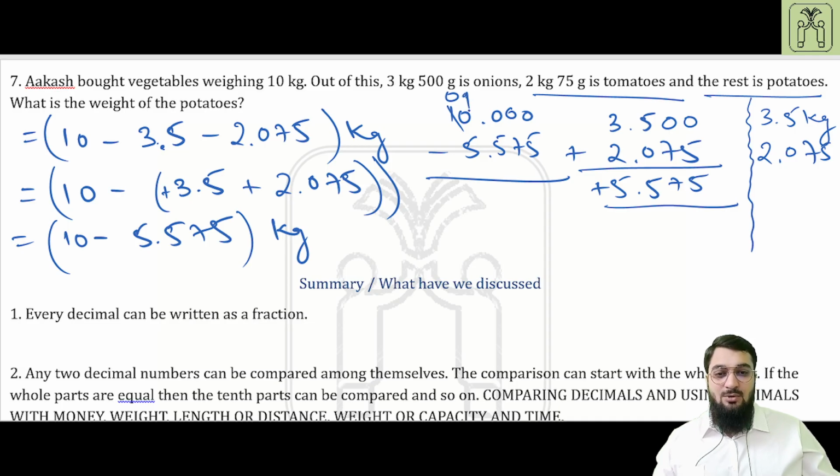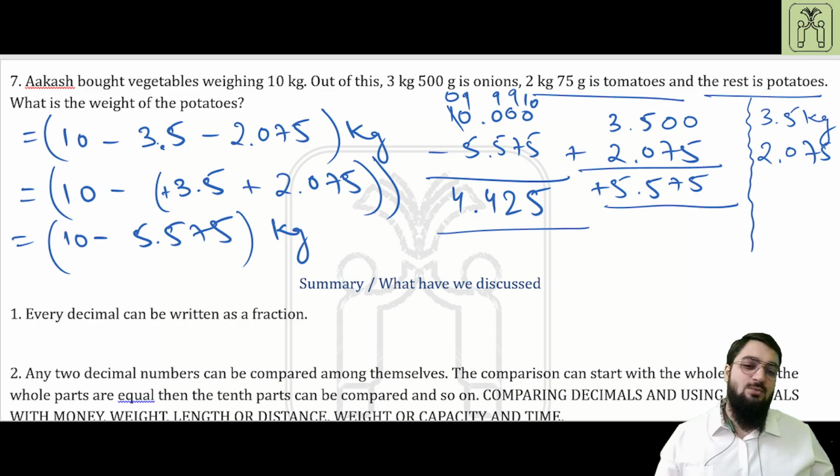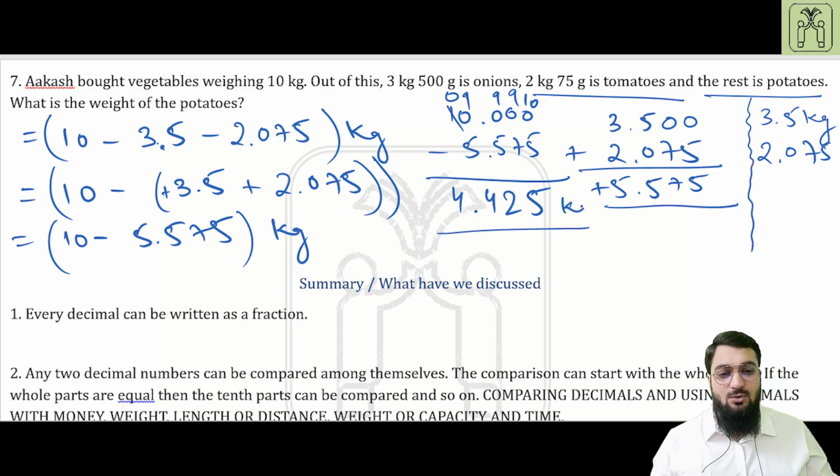After that, this will become a 9, this will become a 9, 9, and last one will become a 10. So 10 minus 5 will become a 5, 9 minus 7, 2, 9 minus 5, 4. Decimal point added, 9 minus 5 will be 4. So therefore, 4.425 kilograms will be the amount of weight of the potatoes.